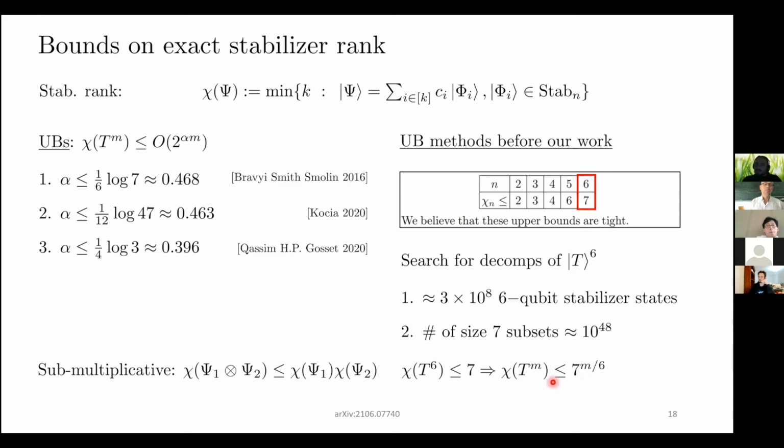So asymptotically, for m copies, you could do that with 7 to the power of m over 6. And that's how you get alpha equals 0.468. So in general, these procedures find a good decomposition, and then they use this blocking strategy to attach blocks. And our procedure is a little bit different.